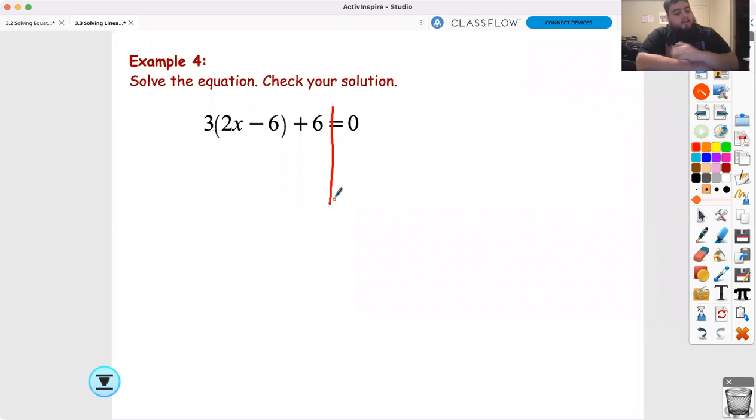All right. What's the first property? As you're writing this down and looking at it, what do you think is the first thing we're gonna have to do to solve this equation, guys?